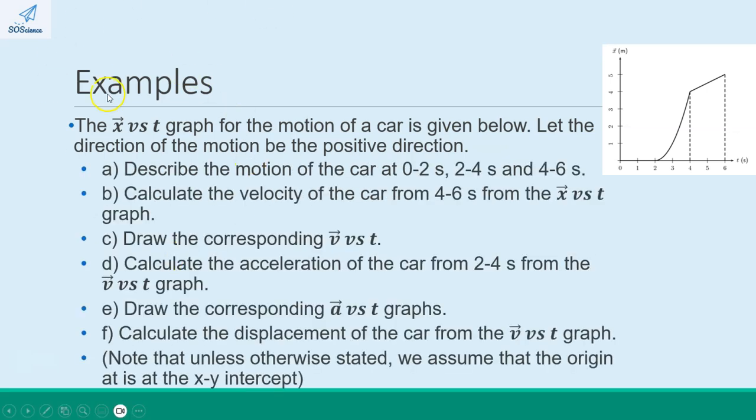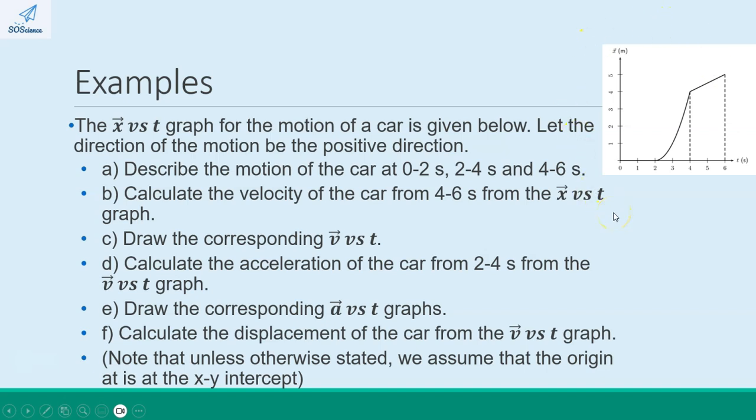So you have to answer a whole bunch of questions related to this graph. Firstly, describe the motion of the car in the first 2 seconds, in the next 2 seconds, and in the last 2 seconds. Calculate the velocity of the car in this part of the graph from 4 to 6 seconds. Draw the corresponding velocity time graph for this motion.